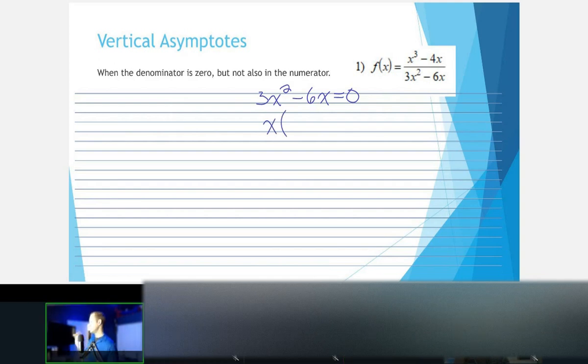Okay, hang on one second. So you said the GCF. So x is correct. I would agree with you. Can you take anything else out? Okay, also 3. You can take 3 out too. All right, and then what's left over on the inside then? x minus 2.